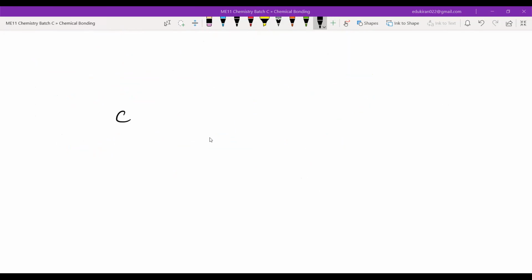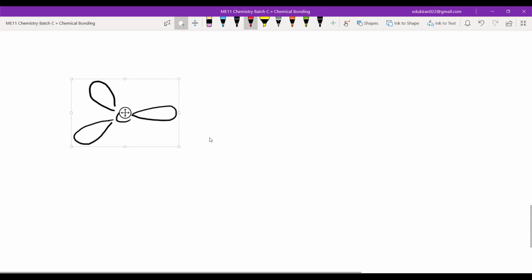In trigonal planar, this is one of the sp2. And then you have this one of the sp2 like this, and another sp2 will be like this. Similarly, let me get this as red. This is the red carbon.